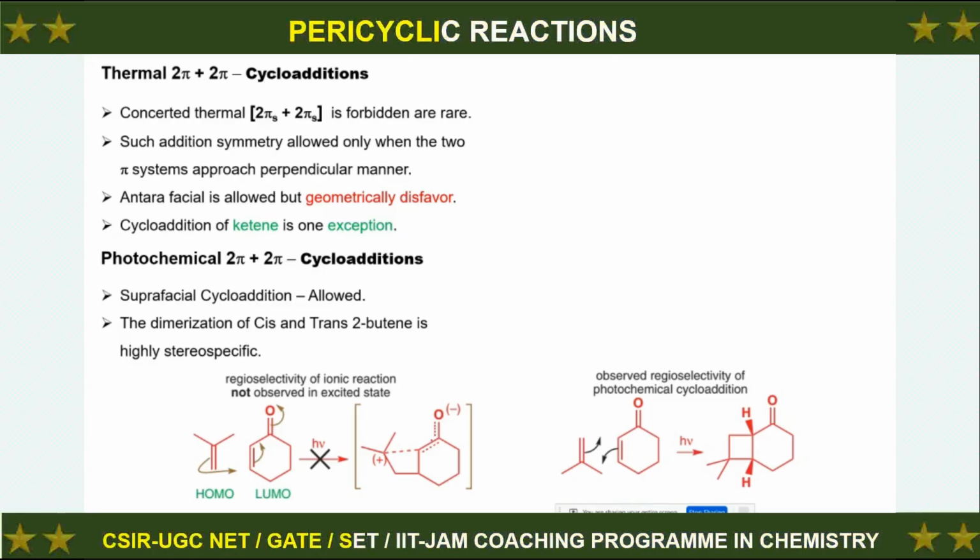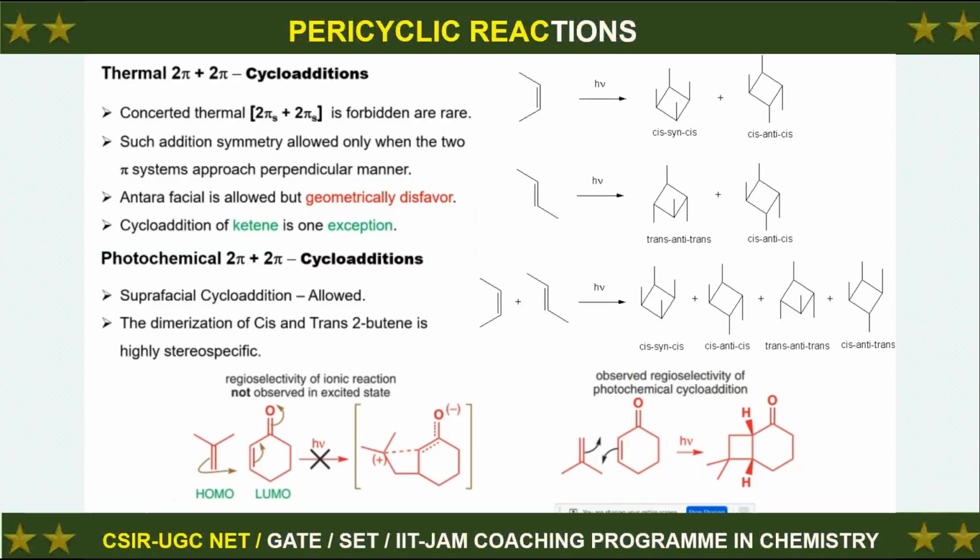If this product were formed, there would be a diradical. This mechanism is one more verification that this is not undergoing an ionic mechanism. If it were ionic, some intermediate would form, right? Some cations and some anions would form. When we subject these two to photochemical conditions, we are not getting this product. There are no diion intermediates. So we are getting these products.